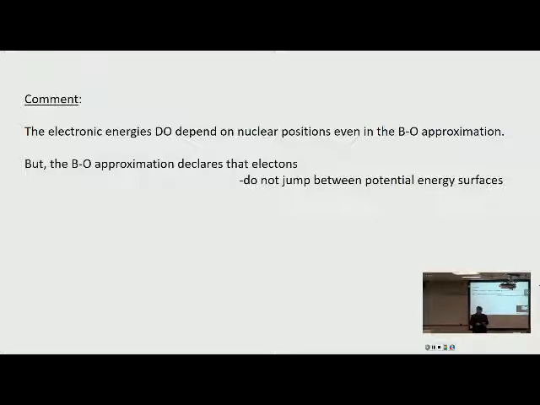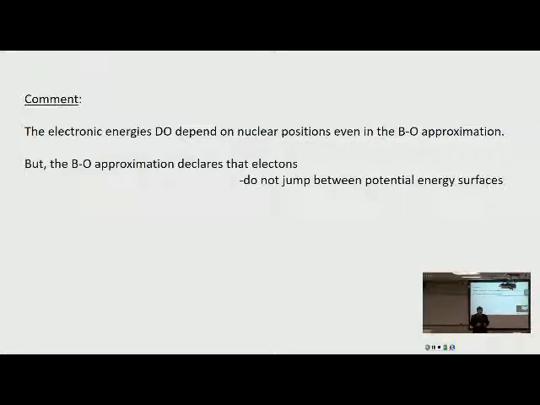The Born-Oppenheimer approximation decouples the mathematical representation of electronic and nuclear degrees of freedom, and it explicitly forbids jumps, forbids transitions between potential energy surfaces. So Born and Oppenheimer kill only part of the electron-nuclear interaction.